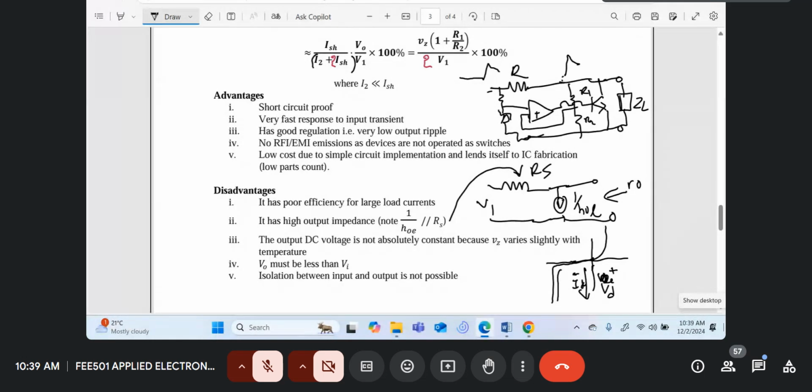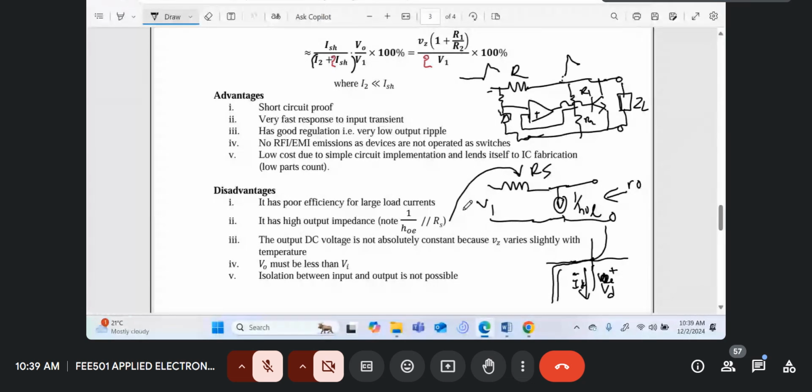Because the input is connected to our regulator and then connected to the output. So if you put a resistance meter between the output and the input, you'll always find a connection. That's what that means.